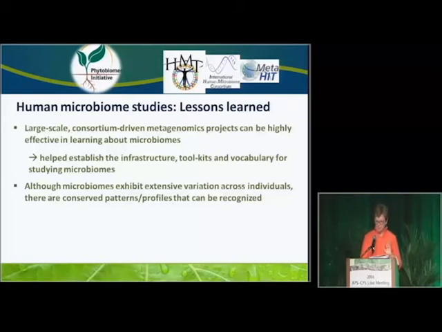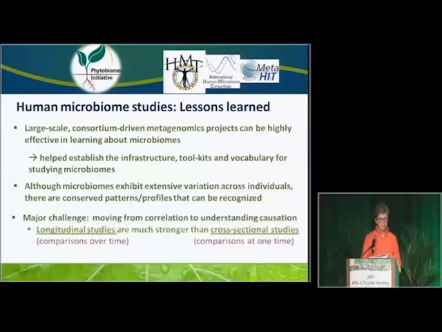We're going to have to adapt in order to glean from that information. The major challenge for the Human Microbiome Project, which we will have to face, is that they're moving from correlative information to understanding causation. And that transition of these longitudinal studies, which are much stronger than the cross-sectional studies, is going to influence how we have to move forward.